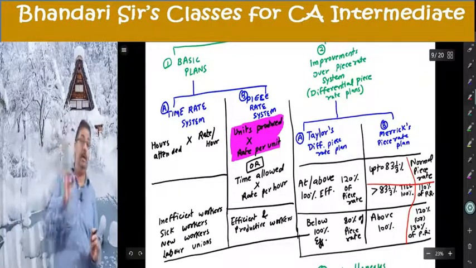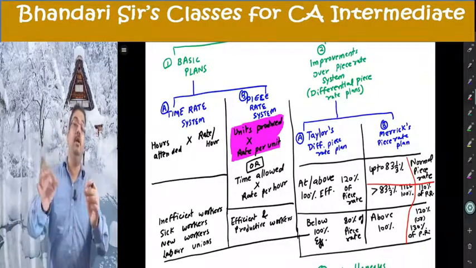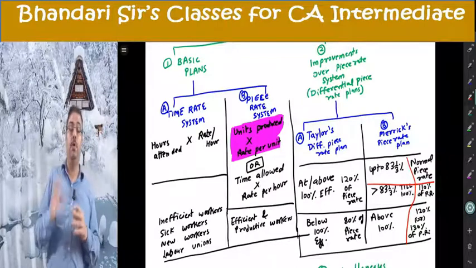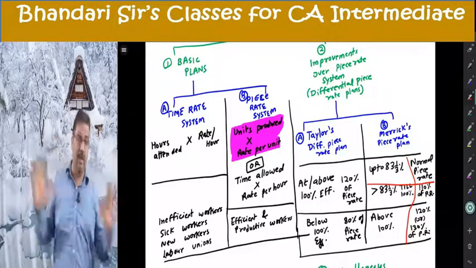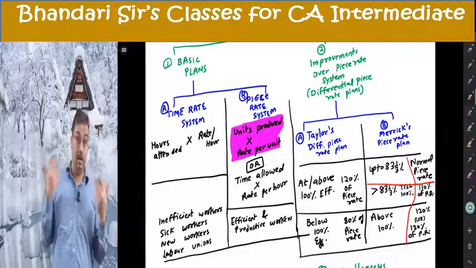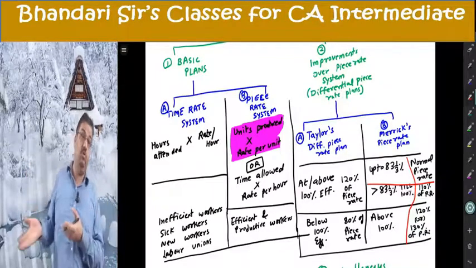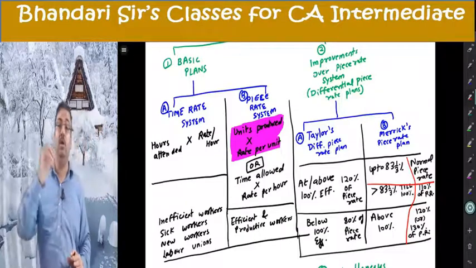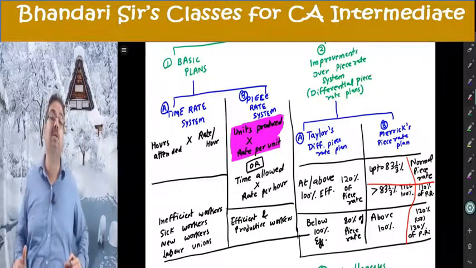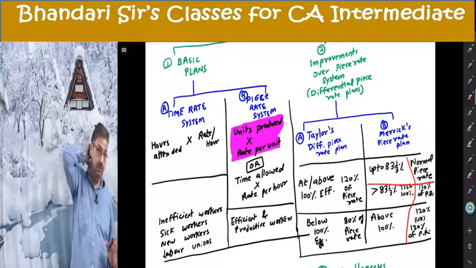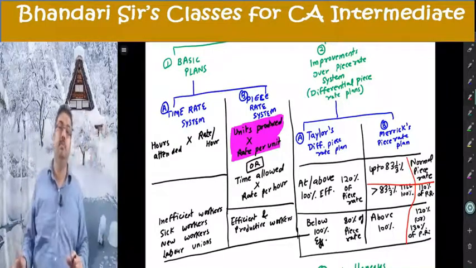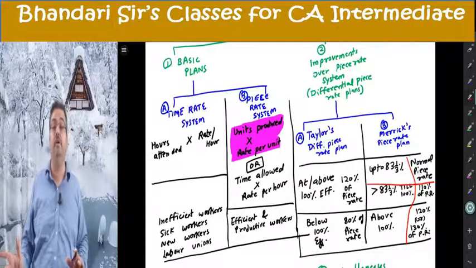So up to 83% means you are given target of 100 units. You produce 70. You will get normal piece rate of 70 without any penalty. Under Taylor plan, there would have been penalty. You will not get even your normal piece rate that was committed to you. If you produce 85, you will get 10% more. 10% bonus, 110% of piece rate.